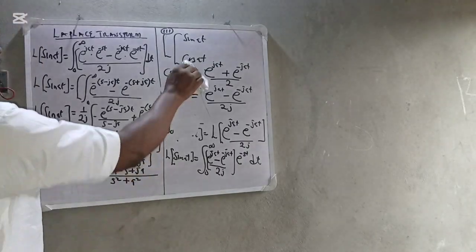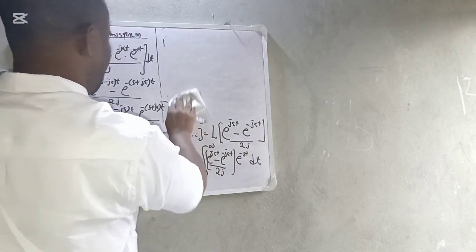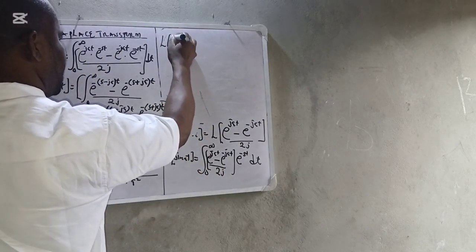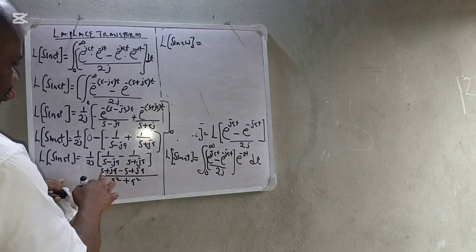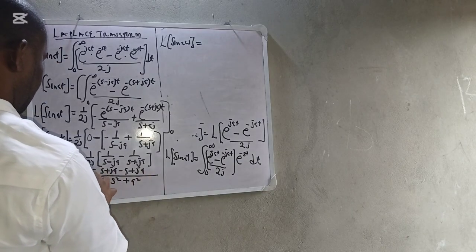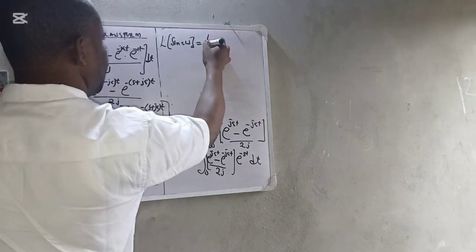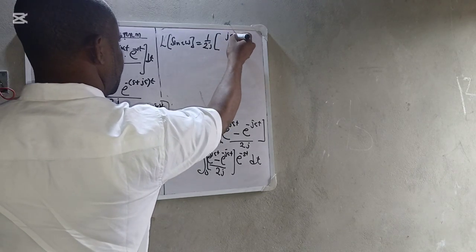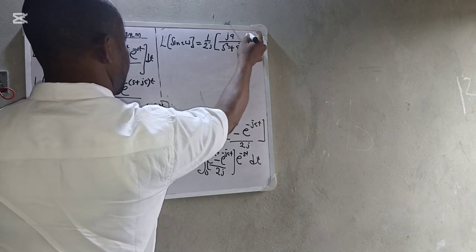So when we finally look at the expression, we have that Laplace transform of sine at is giving us, this will cancel out. Please recall 2j. So this will be 2j into this divided by plus a squared.